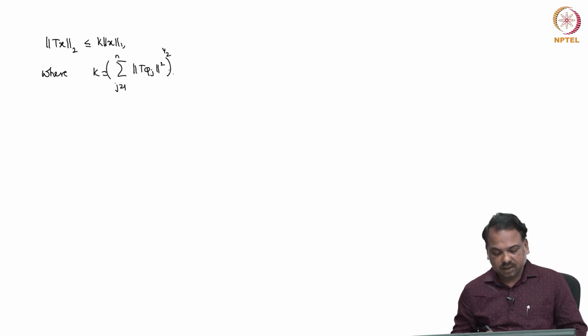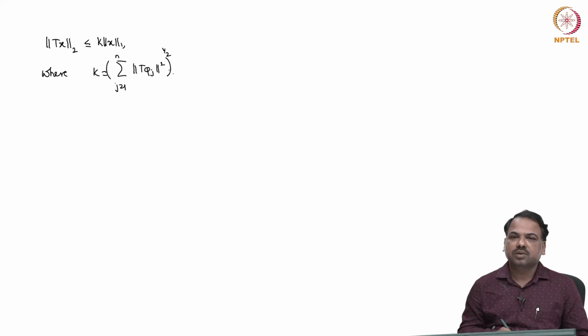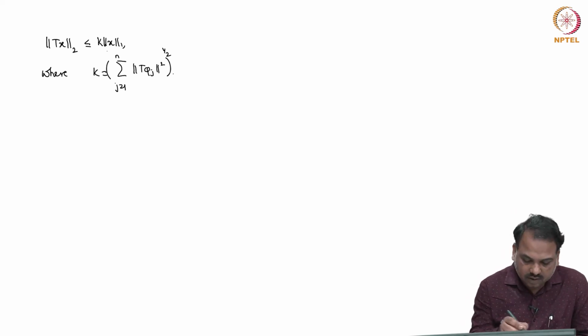So we get a different K. From this we can conclude that for the operator we have defined, when the domain is a finite dimensional Hilbert space, even though the map is only linear, we are able to show that it is bounded. So the conclusion is the following.